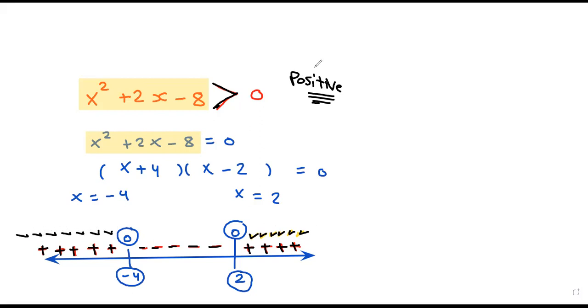But we couldn't take minus 4, we couldn't take 2, and we couldn't take the middle part, because I need the positive only. So the solution set of this inequality will be R difference the closed interval from minus 4 to 2. And why closed? Because minus 4 gives 0 and I don't want 0, and 2 also gives 0 and I don't want it. And I don't want to take the negative because I want the positive values only. Did you get it?